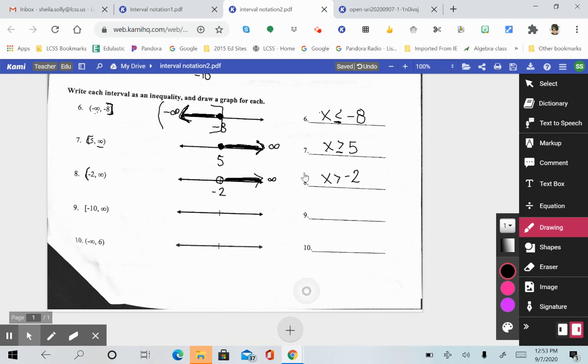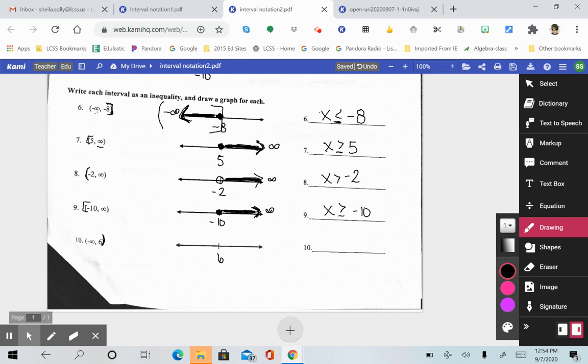On the graph, we have -10 because there's a bracket here, it's a filled circle. It's approaching positive infinity, which means it's shading this direction. So what we're showing is all numbers, that's our x, that are greater than, and because it's filled, equal to -10. Number 10, we have 6.